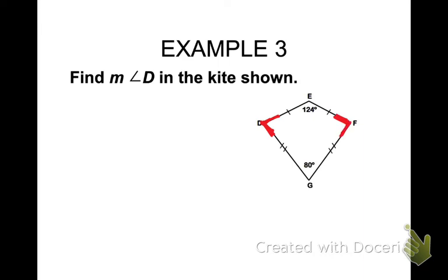So if we wanted to do it algebraically, when we don't know something, we make it a variable. In this case, we can make it x. And I know that all 4 of those angles should add up to 360 degrees.